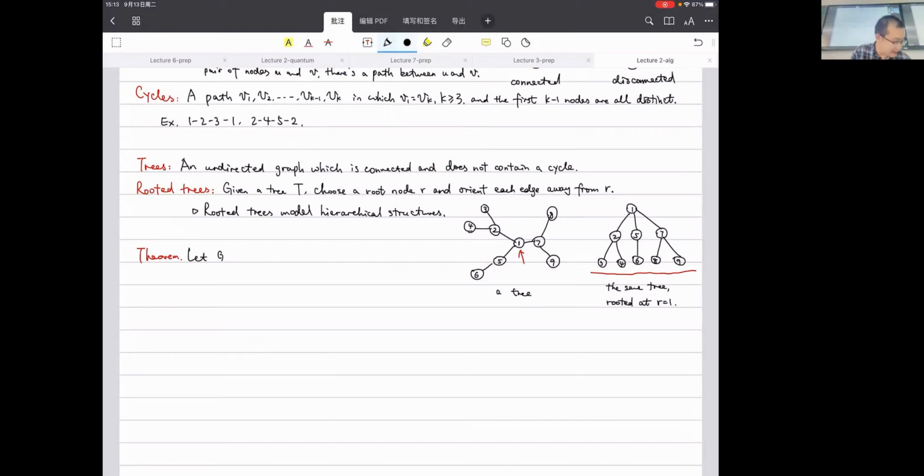Let G be an undirected graph on n nodes. Then any two of the following statements imply the third.